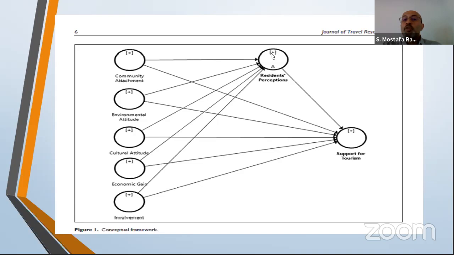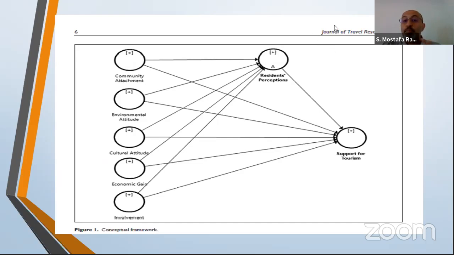It means most of this effect will first increase the perception of residents, and then increasing the perception will push them to support tourism, or community attachment directly affects support.